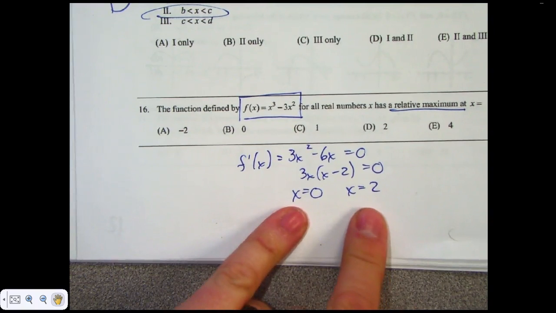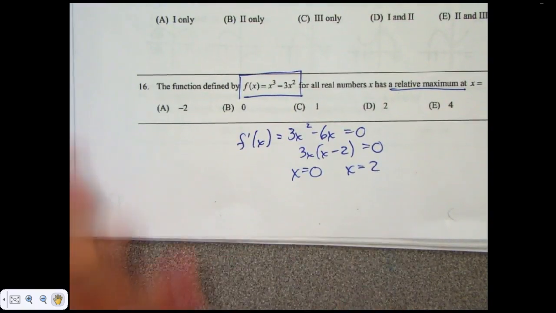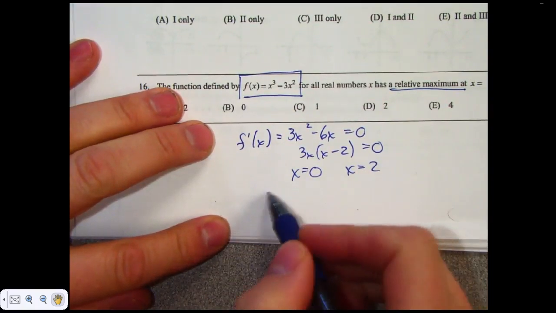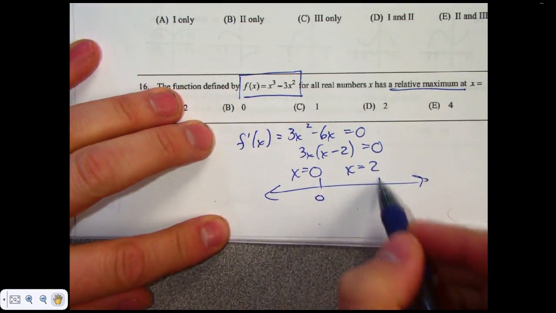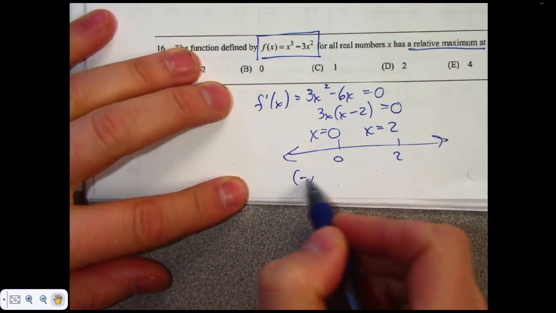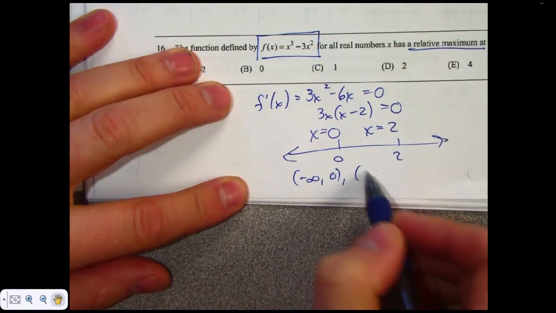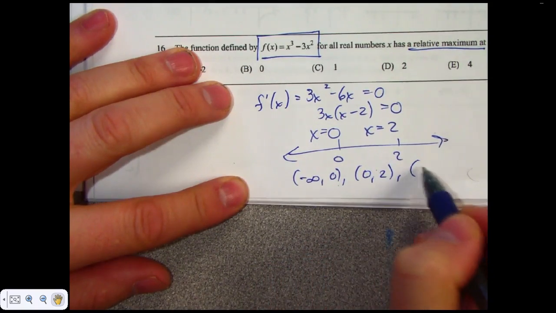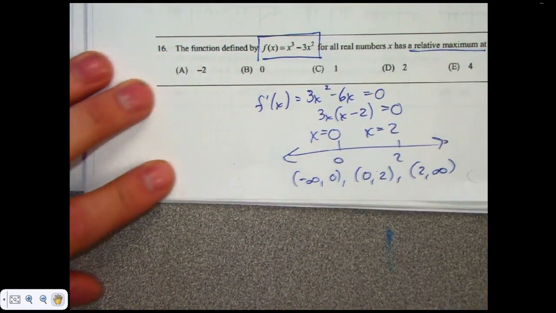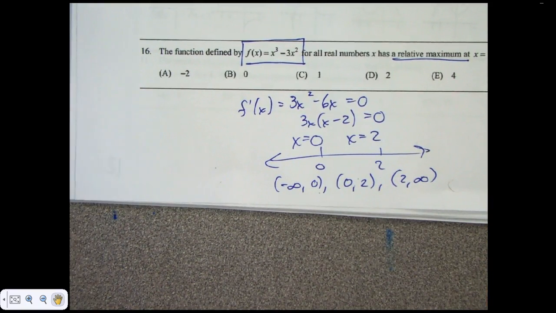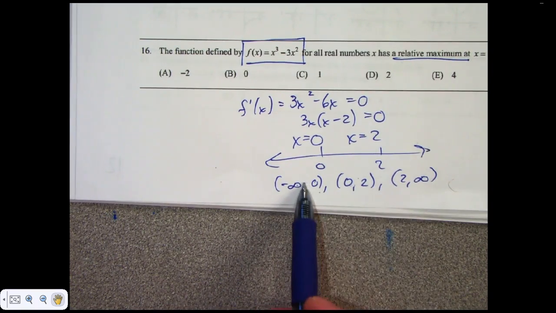So those are just possibilities. Those go on my number line. You don't even need the number line really, but it splits it for me from negative infinity to 0, from 0 to 2, and from 2 to infinity. And then I take a point from each of those little windows and plug back into where?